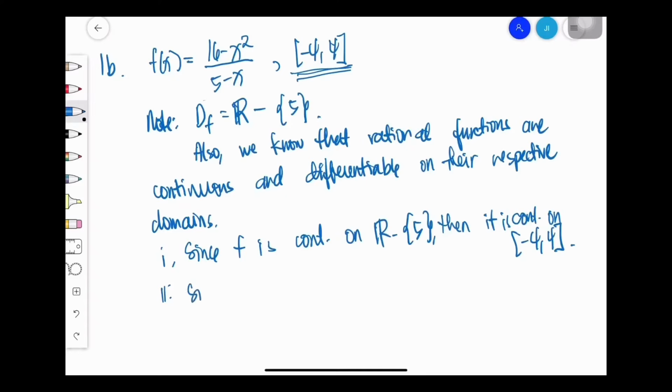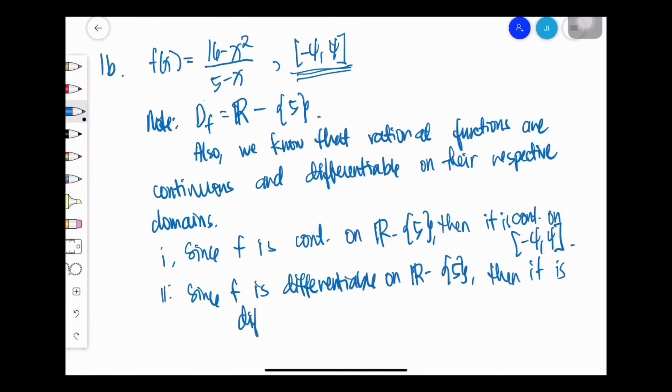Similarly, since f is differentiable on its domain and the open interval -4 to 4 is a subset of the domain, then it is also differentiable on the open interval -4 to 4.